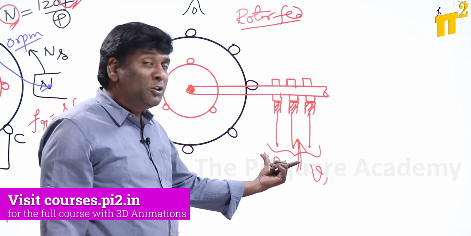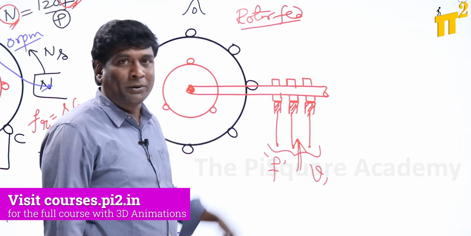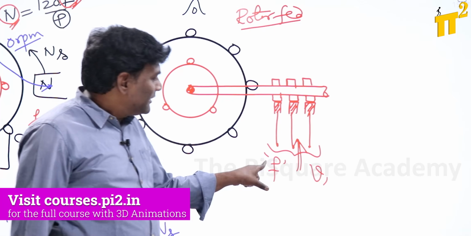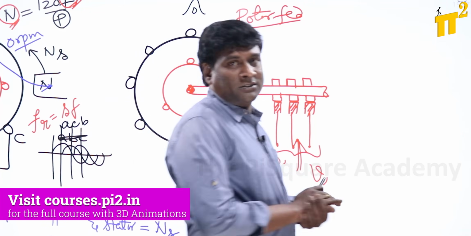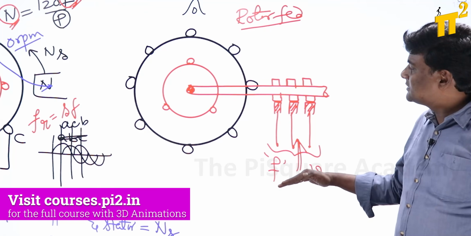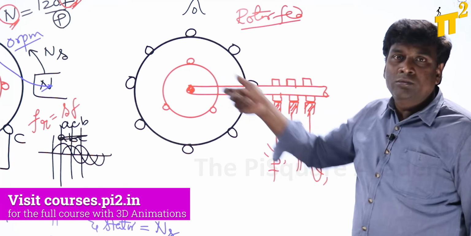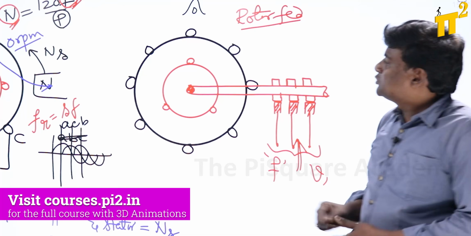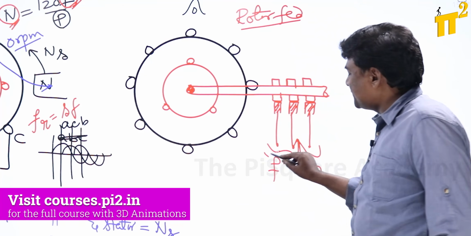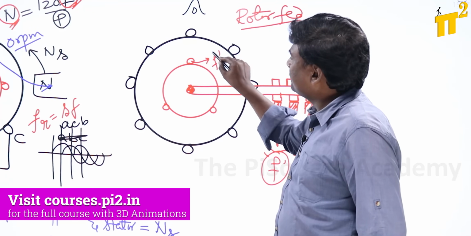So the moment you supply electrical power input here, the frequency of the source is going to be constant. Automatically my rotor frequency, because the same supply goes through slip rings, is F.